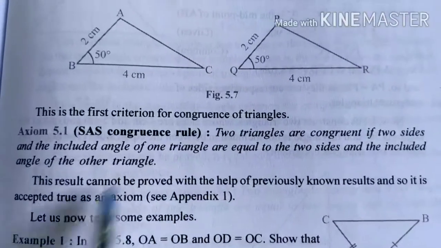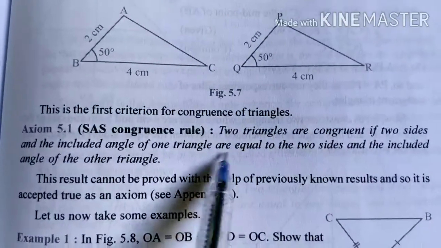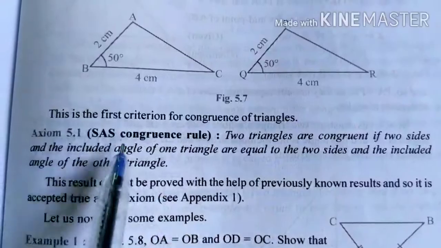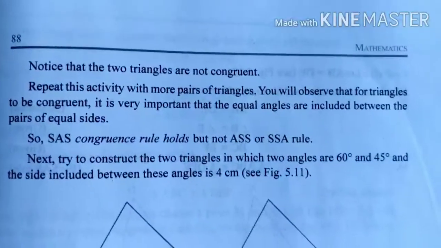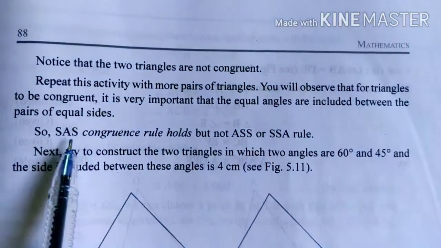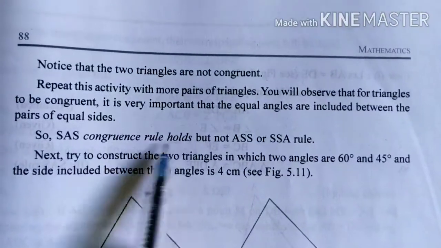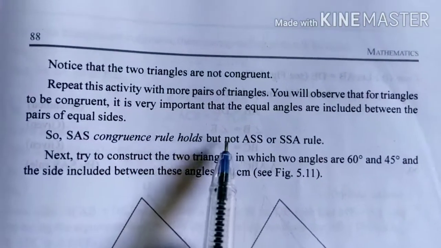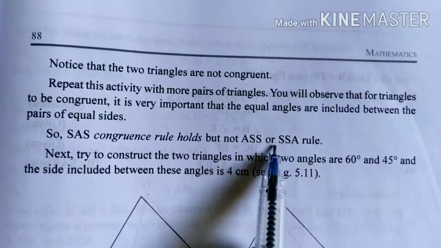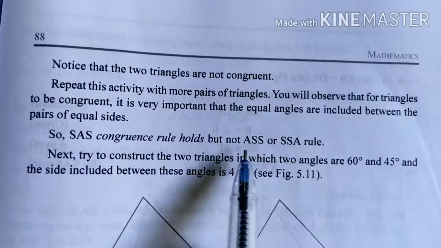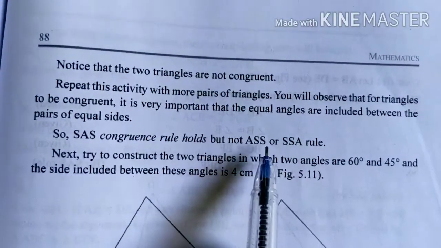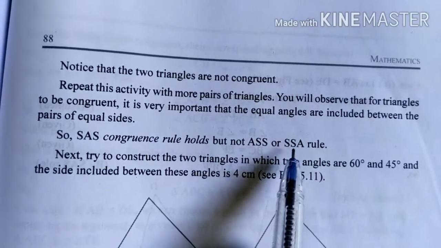Okay, so please write down this statement, and you can also draw this diagram after the definition. You should also know that the SAS congruence rule holds. We discussed SAS just now, but not the ASS or SSA rule. ASS means angle, side, side, and this is side, side, angle.